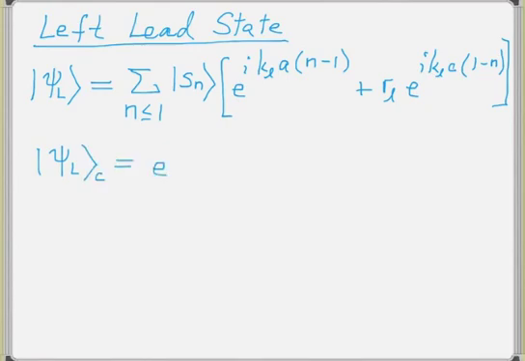We just wrote down e to the i k left, x minus x sub L, plus the reflected r sub L, e to the minus i k L, x minus x sub L. Right, so that was in the continuum form, and up above is just a discrete lattice form, where x becomes a times n, or n minus 1.